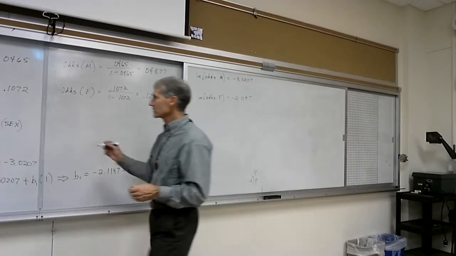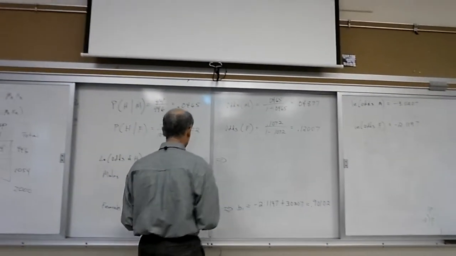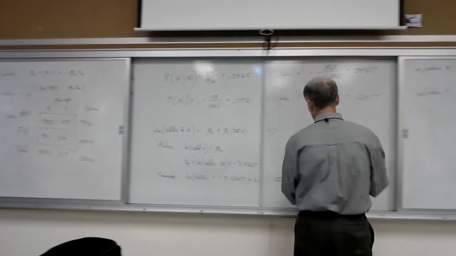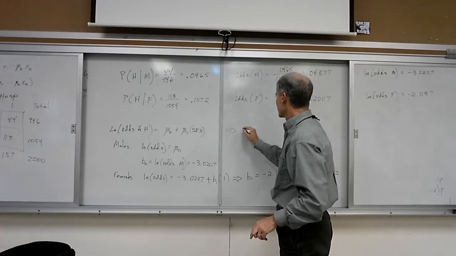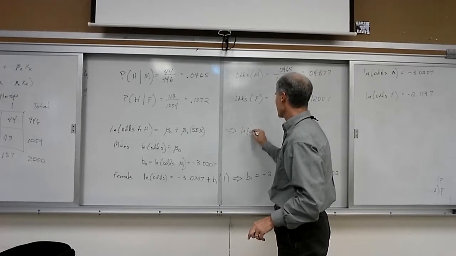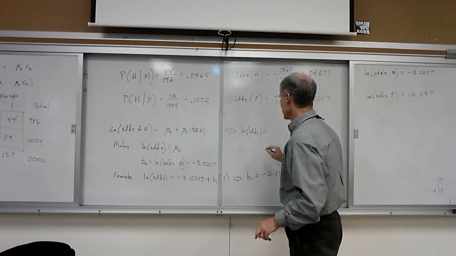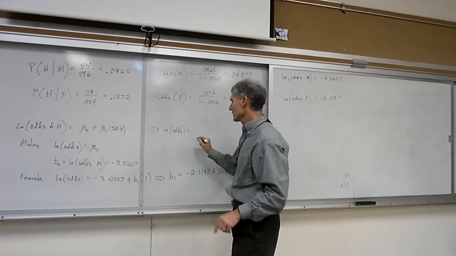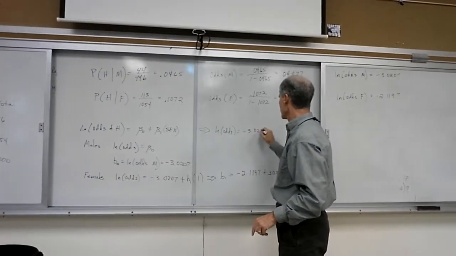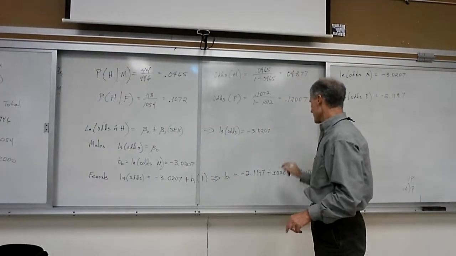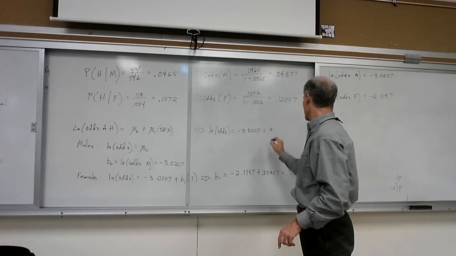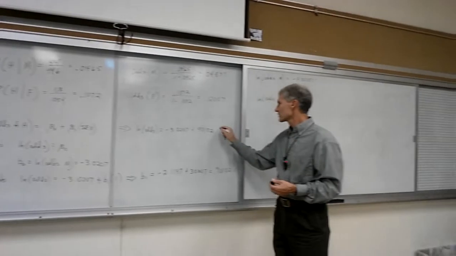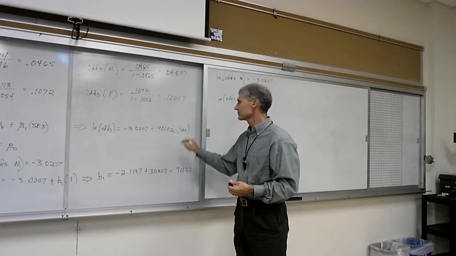So now, what's my model? My fitted model to this data is log odds, and not specifying gender, because that's in the model, is negative 3.0207 plus 0.90102 times sex.